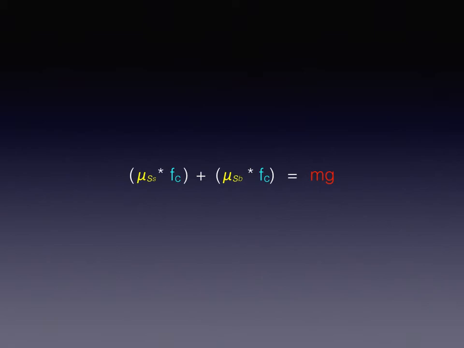We can factor it out. So that comes out in front of the parentheses, and we have a contact force times those two added coefficients of static friction in the parentheses. So let's divide by everything in the parentheses, and that comes down to the other side of the equation.